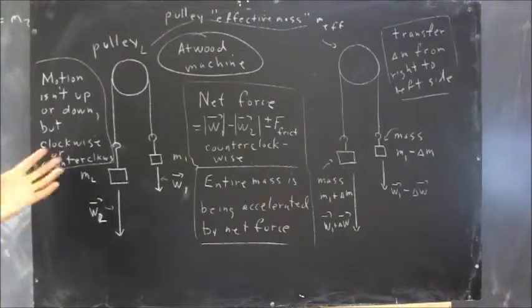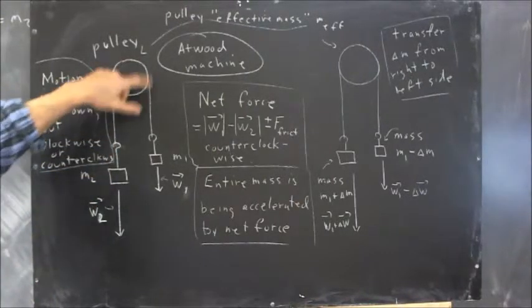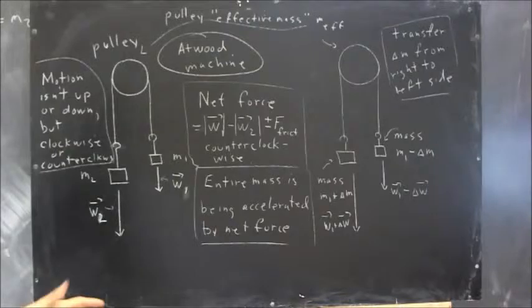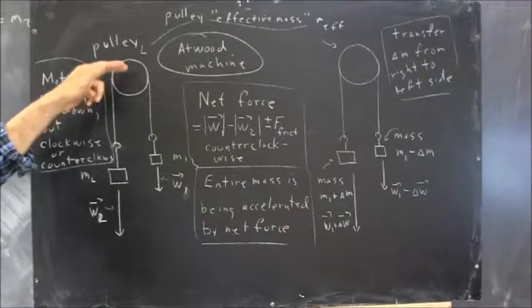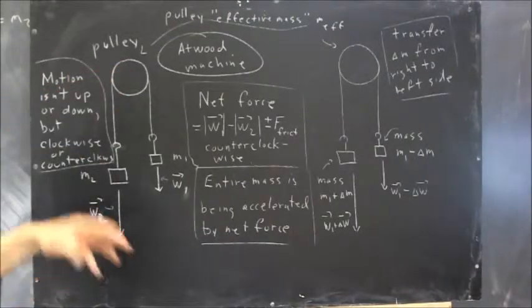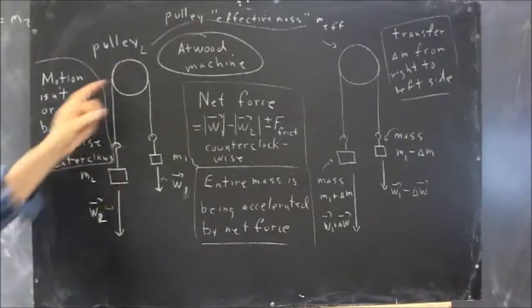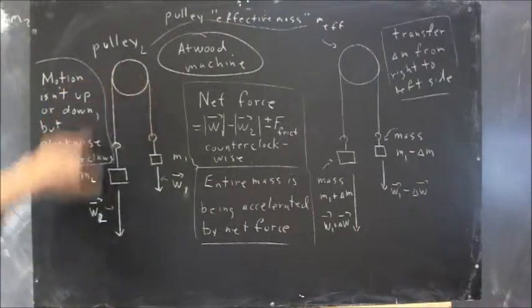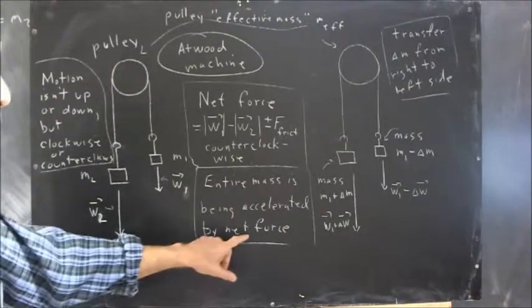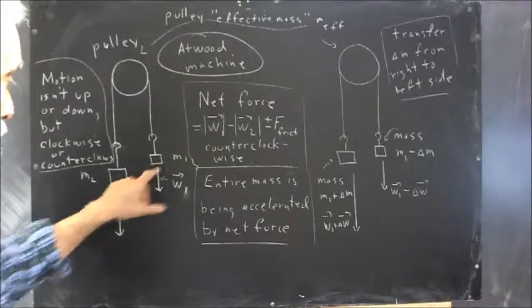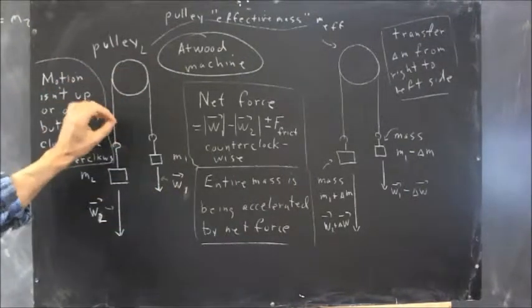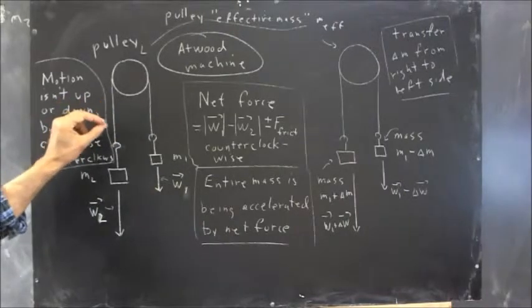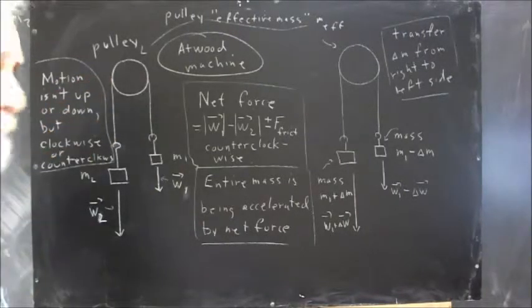But we can think of an effective mass of a pulley. When we get to an analysis of rotational dynamics, we'll be able to deal with the moment of inertia of the pulley and its effect on the system. The point is that all this mass is being accelerated by the net force: this mass, and if the mass of the pulley is not negligible, what we'll for the moment call its effective mass.